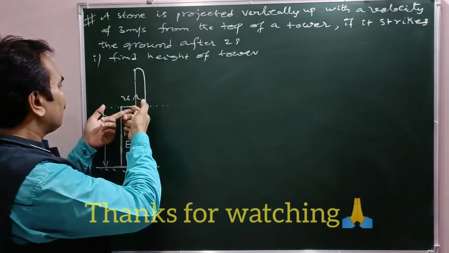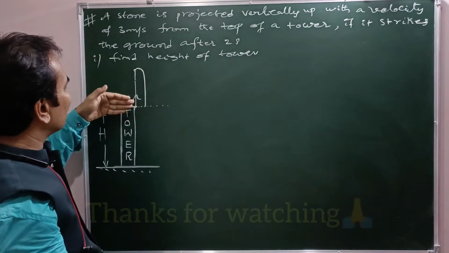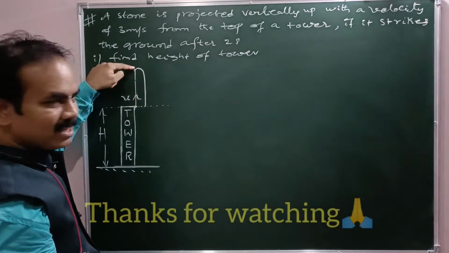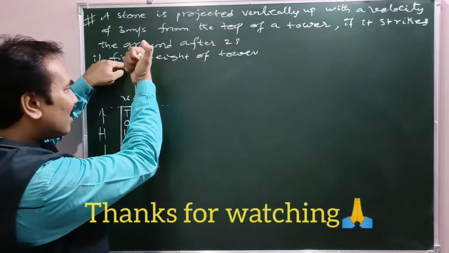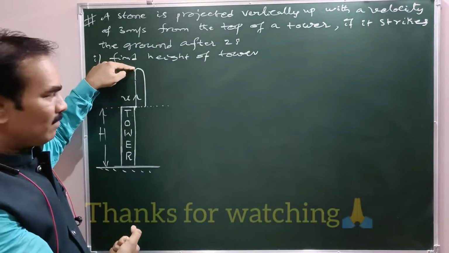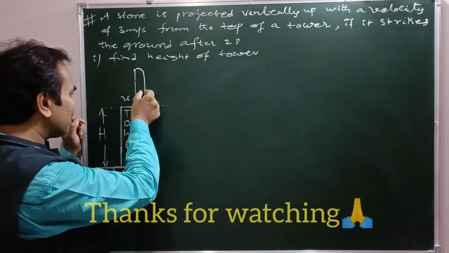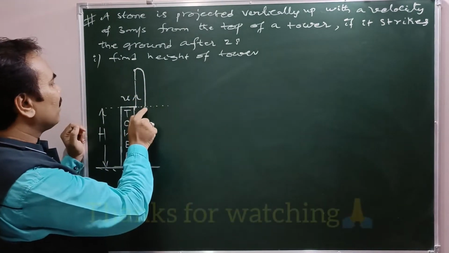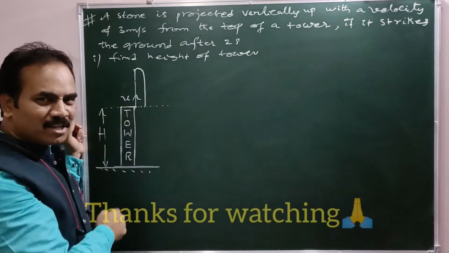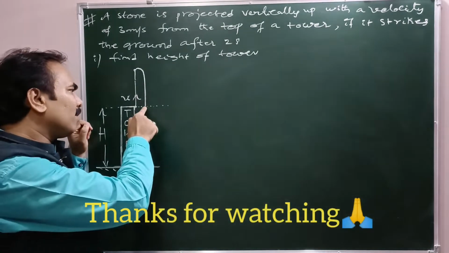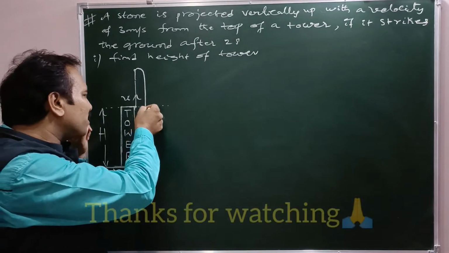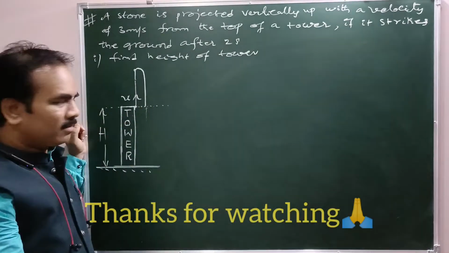Why? Because in case of upward motion, it is under retardation, meaning speed decreases and becomes 0 here. Again, retracing with some acceleration this time, meaning speed again increases, and it reaches the point of projection with the same speed. Here, the body further moves beyond the level of projection.